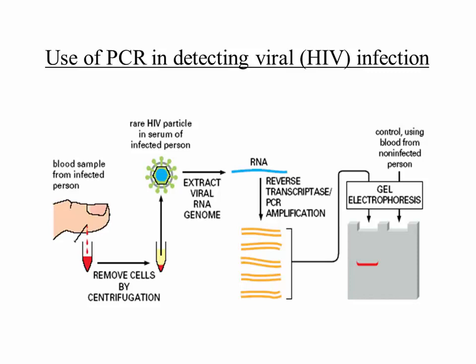In one lane you're going to run the blood from the potentially infected person, right? And see where it moves. In the other lane, you're going to take blood from the normal person, subject it to exactly the same procedures, see where it moves, right? And then comparing the two, you'll be able to figure out whether that person is infected or not.